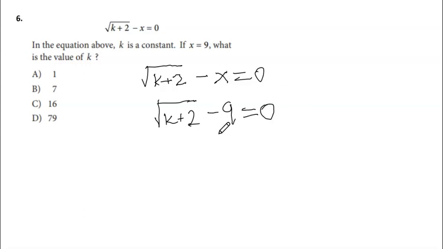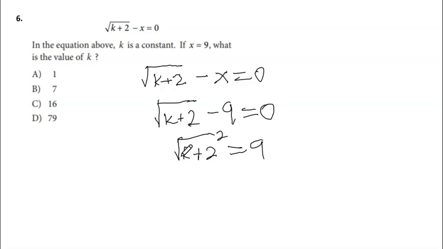Or you can add 9 here and add it on the right-hand side. It's the same thing. I call it like terms together. So square root of k plus 2 equals 9. Now, to get rid of the square root sign, what do you do? You have to square it.